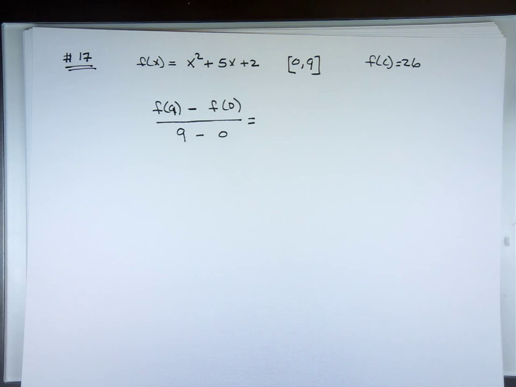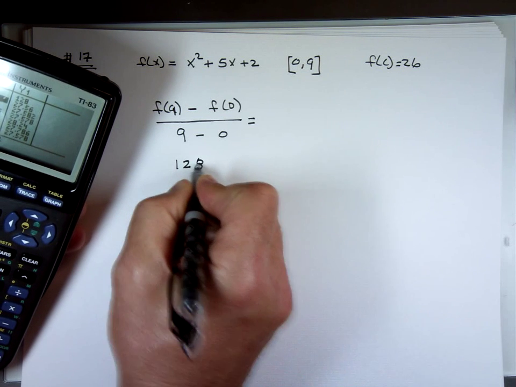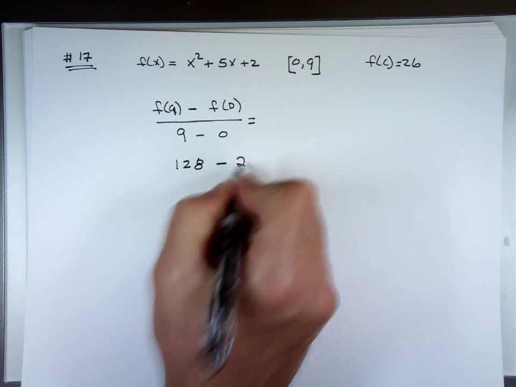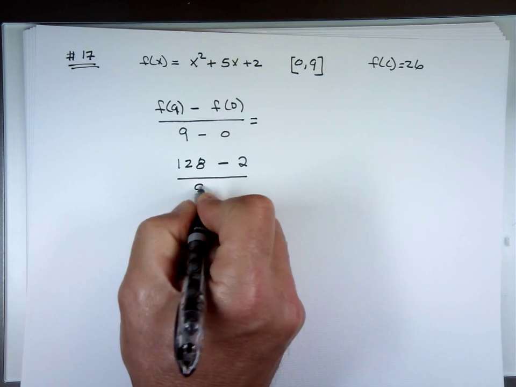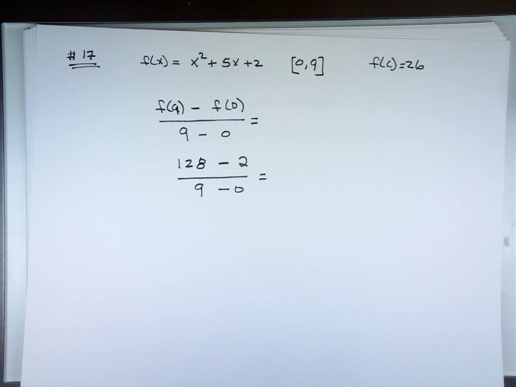F of 9 is actually 128, minus f of 0, which is 2, divided by 9 minus 0. What is 128 minus 2 divided by 9? 14.